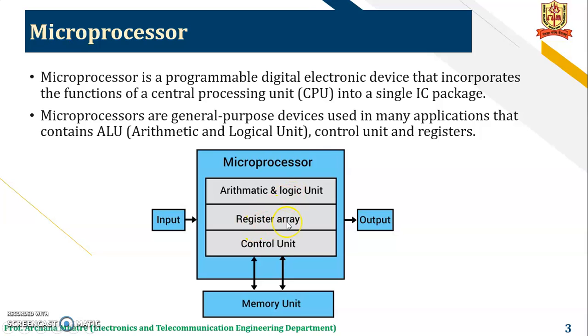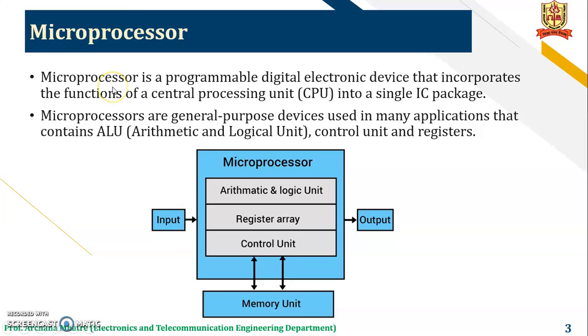Then register array, different types of registers are used in the microprocessor. Register is nothing but used to store the data, either the data is of 8-bit or 16-bit. Then control unit, and all these devices are connected to the memory unit. Again, memory can be RAM memory and ROM memory.